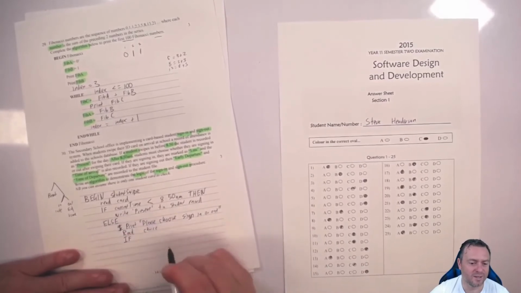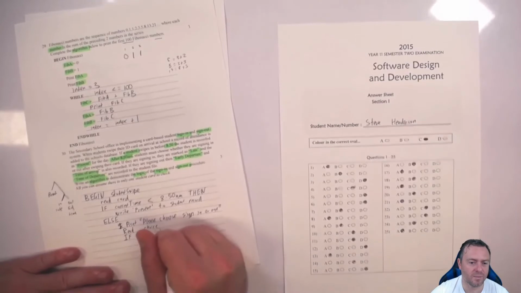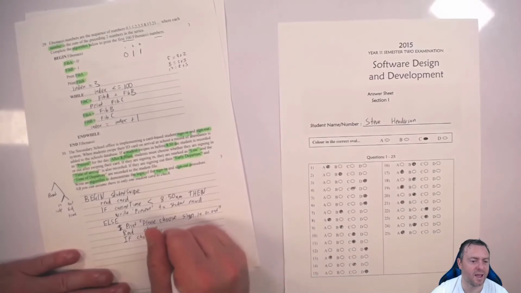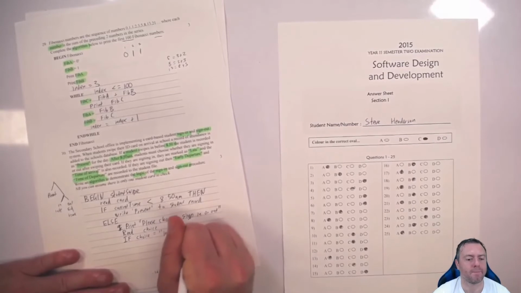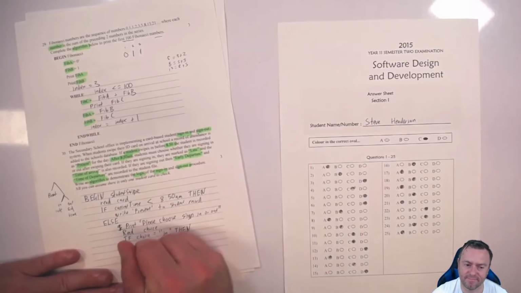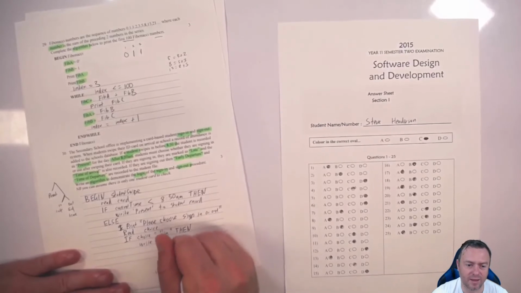Now, if the choice is in, that means that they're signing in late. So you would then need to write to the student record that they were late and the time of arrival when they came through. So we need to write late, and then we write that to the student record.